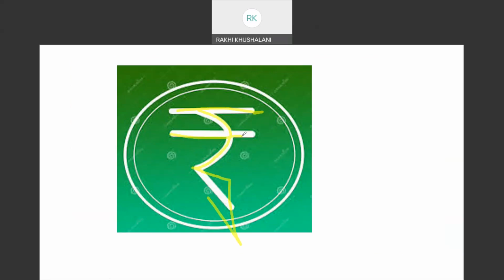This represents Indian rupee, that is called INR, Indian currency. Now for the paise, we use the same as earlier, the abbreviation capital P or small p.